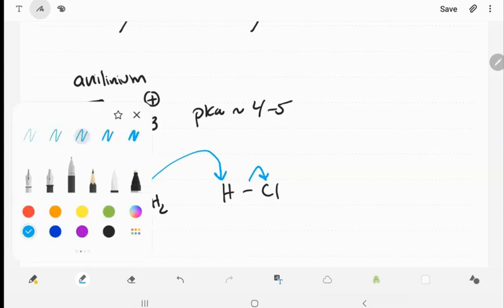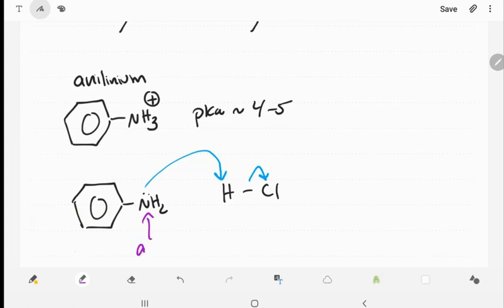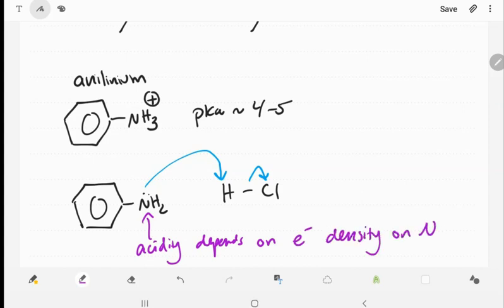So the acidity depends on electron density on the nitrogen. So, I'm sorry, basicity. Basicity depends on that, right? So however much electron density we have there, then it can act as a base, grab a proton off something else, and poof, you've got your anilinium now.